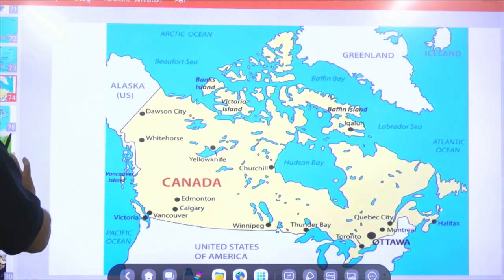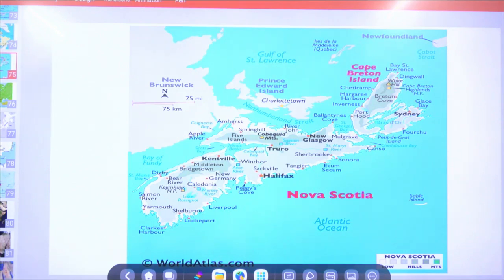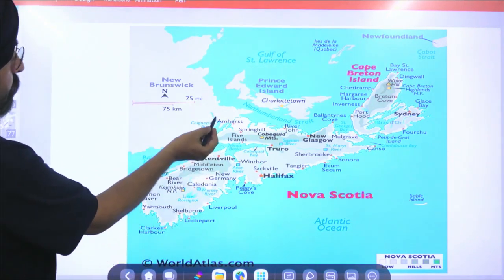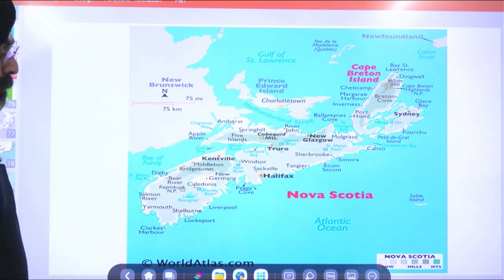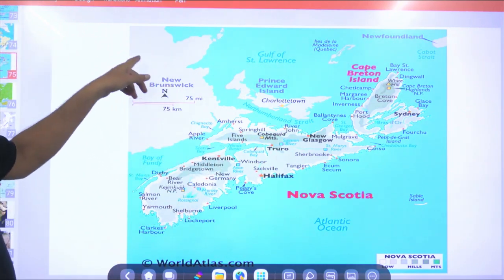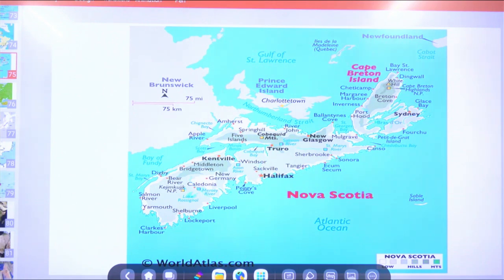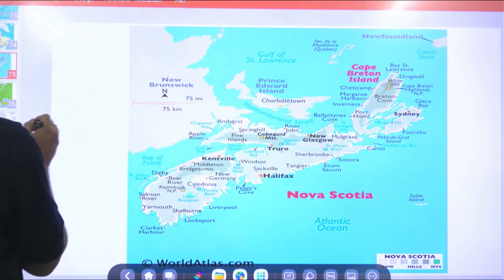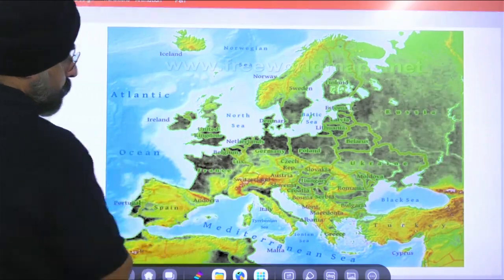Let's see it closely. See here, this is Amherst, Nova Scotia, the New Scotland, with New Brunswick, the mainland of Canada. That's the isthmus there.